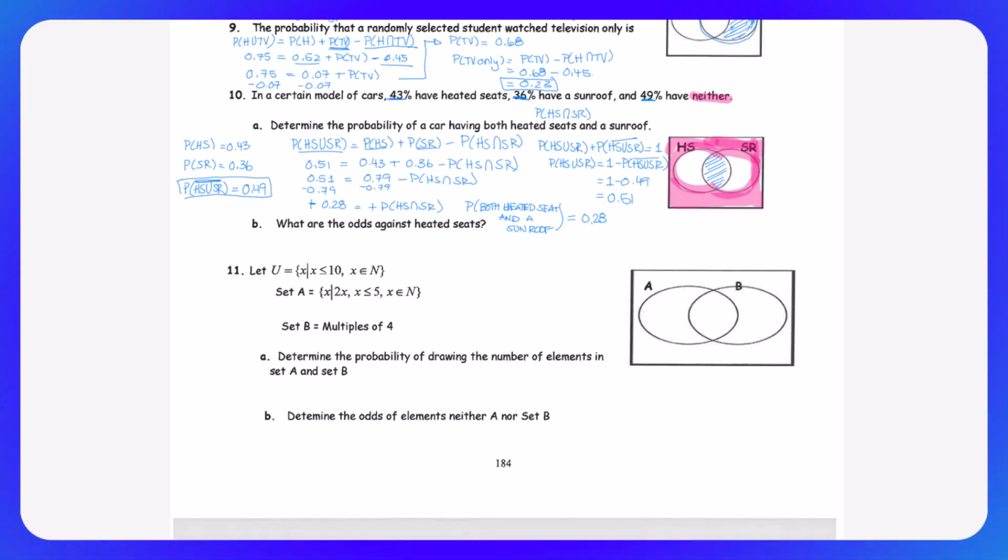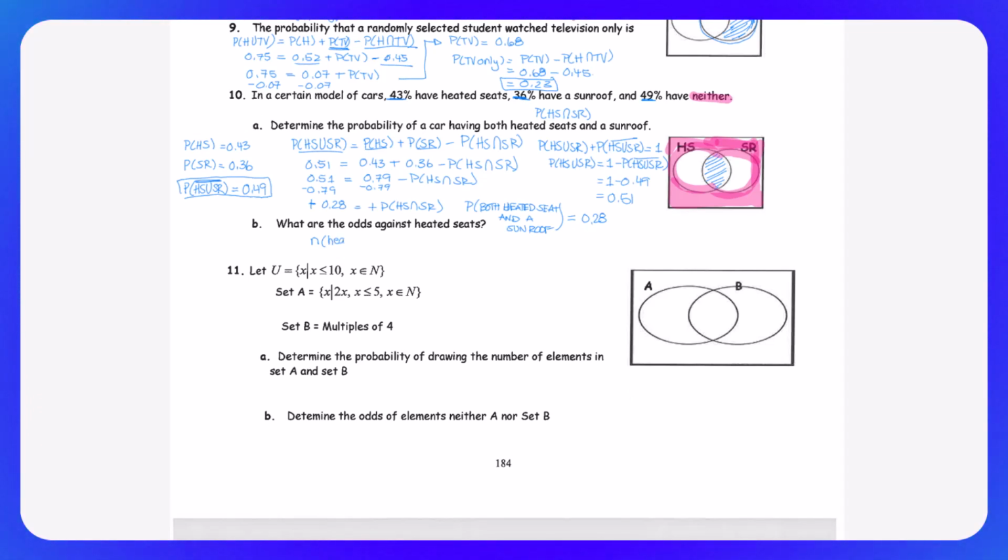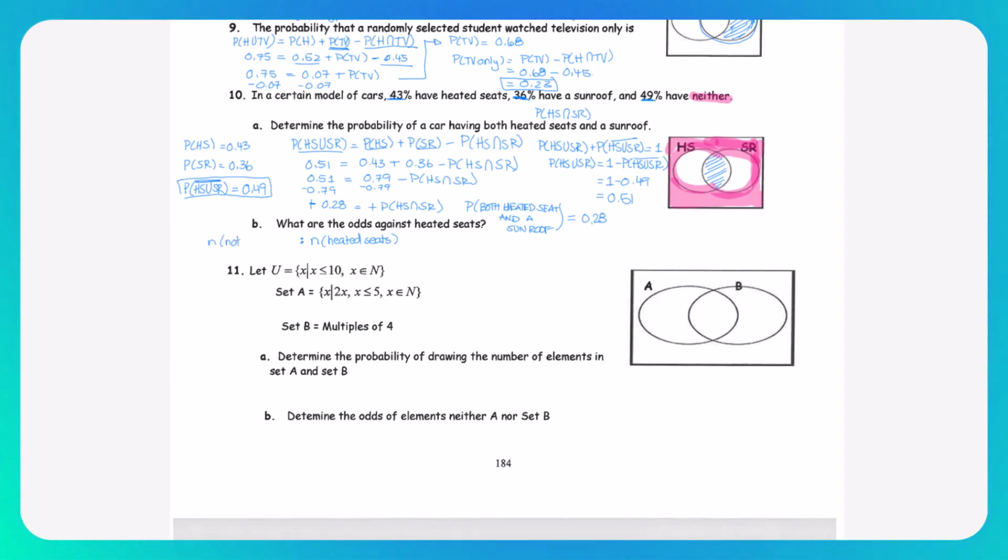So for the odds against, we would have to find the number against heated seats. Well, what is the number for heated seats? And then we would have to find the number, because it's against, for not heated seats. Because remember, against has to go first.